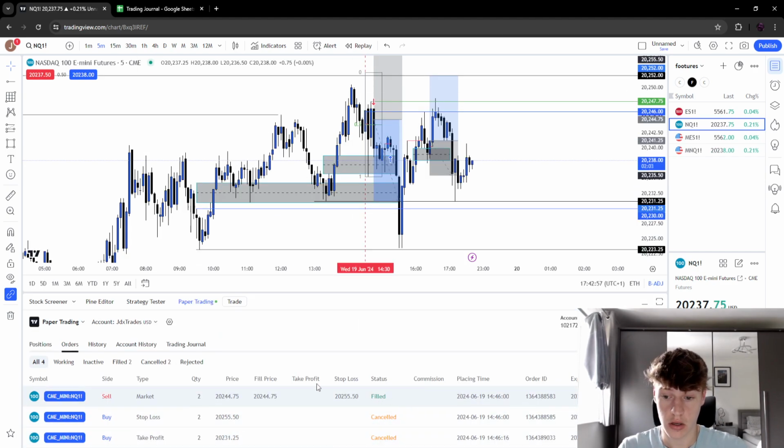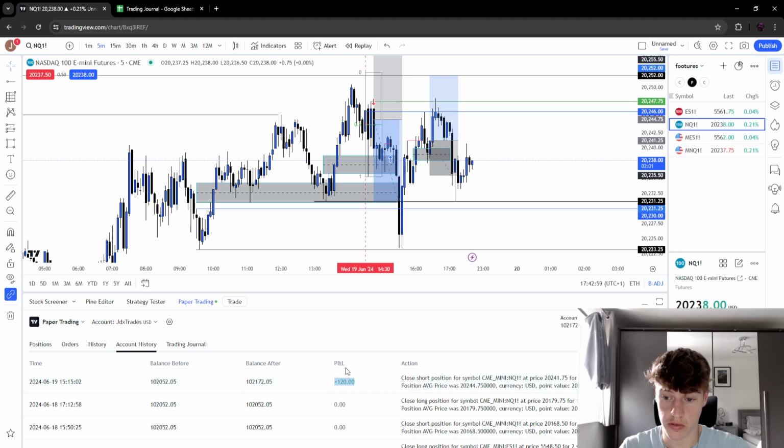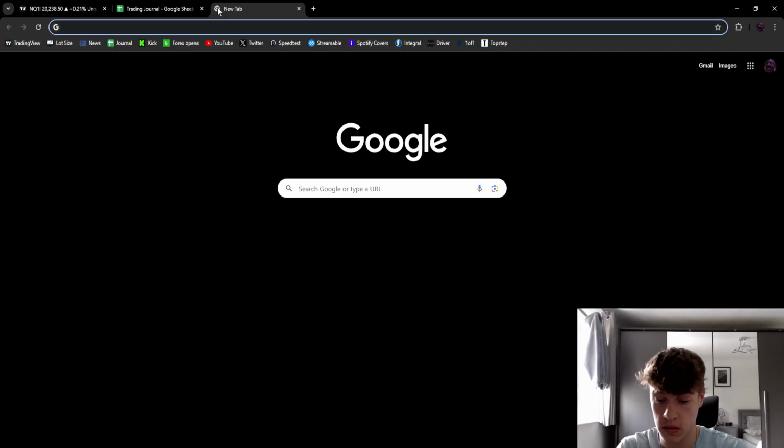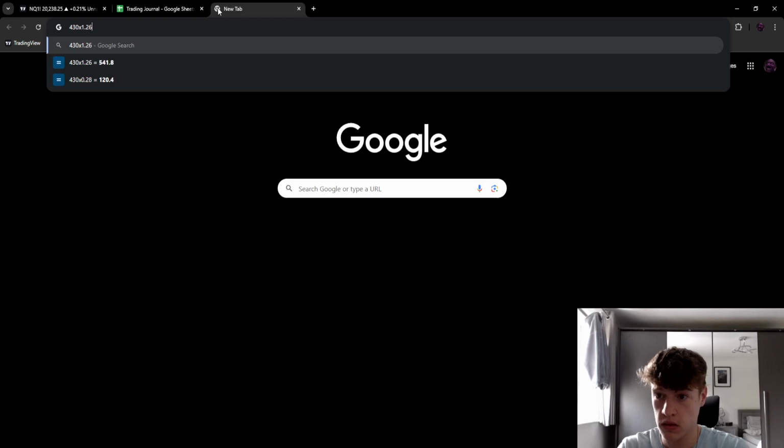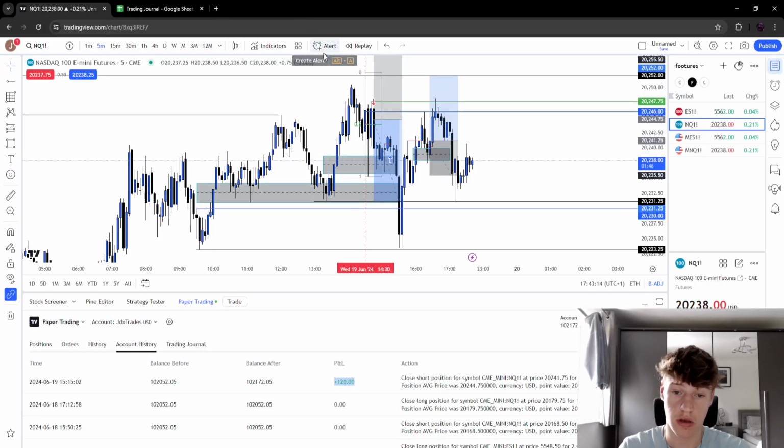We made $120 because we risked 0.43, so $430, and it was a 0.28 IRR when we closed, so that's $120. It would have been $541, and if we risked a full percent, it would have been $1,260.